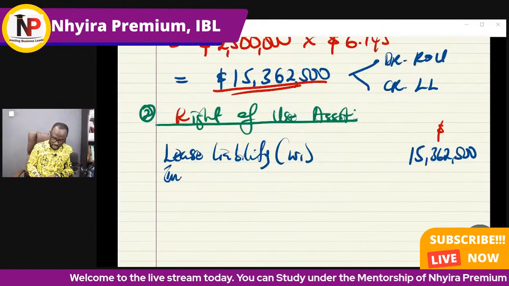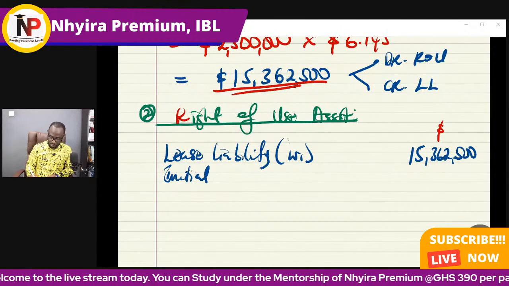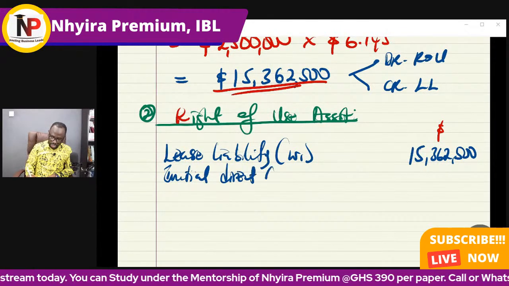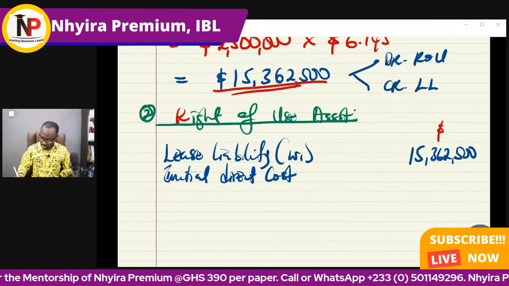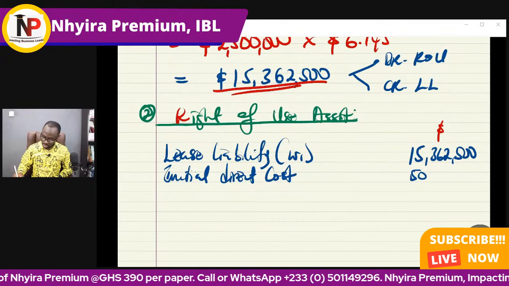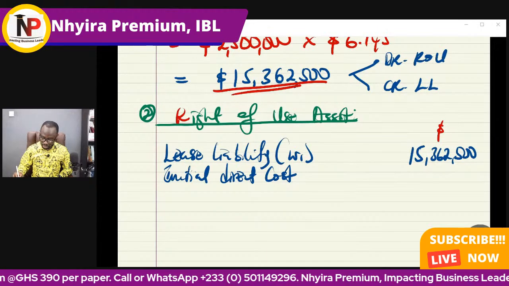So we bring it in: initial direct cost, 500,000.